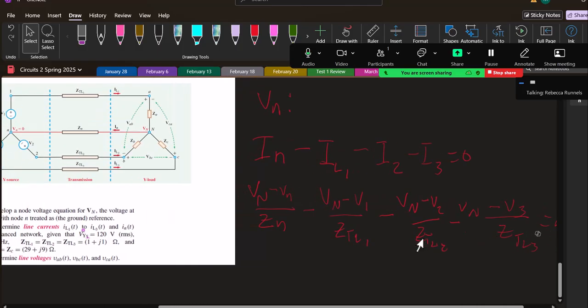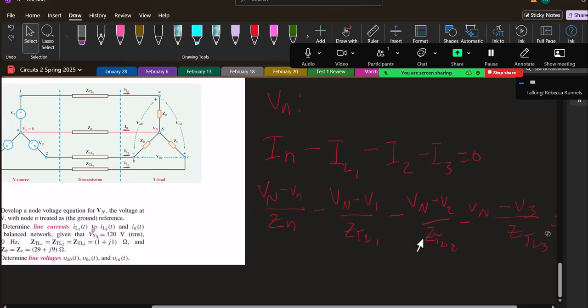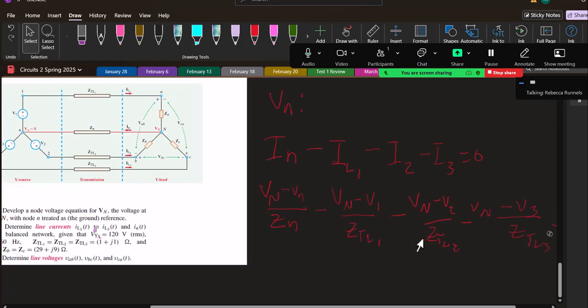Do I have the correct impedances for my transmission lines? It doesn't include. I included this impedance, but I forgot to include the other impedance.